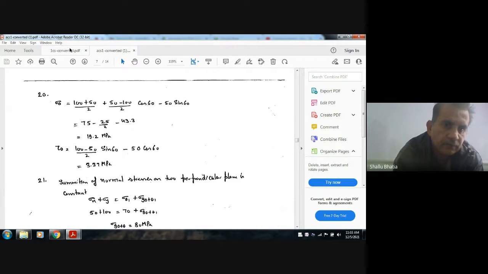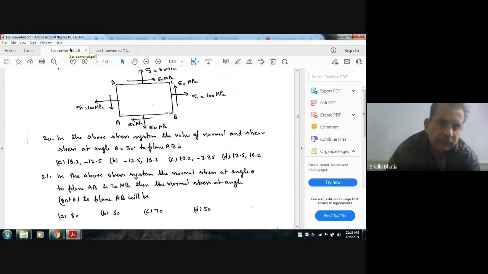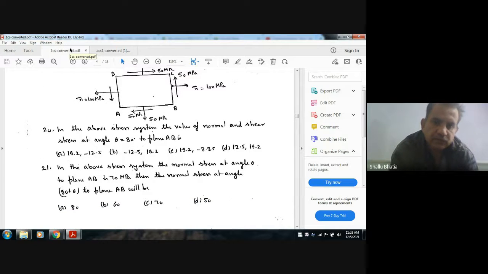Next question is, in the above stress system, the normal stress at an angle theta to the plane AB is 70 MPa. So this is plane AB, and at an angle theta the stress is 70 MPa. But the normal stress at an angle 90 plus theta to the plane AB will be? So this is the plane AB, and here sigma y is acting, here sigma x is acting.